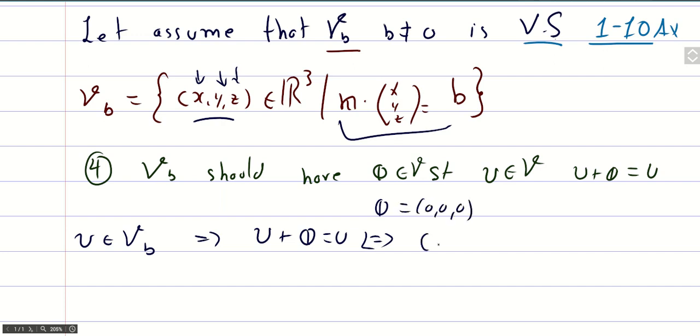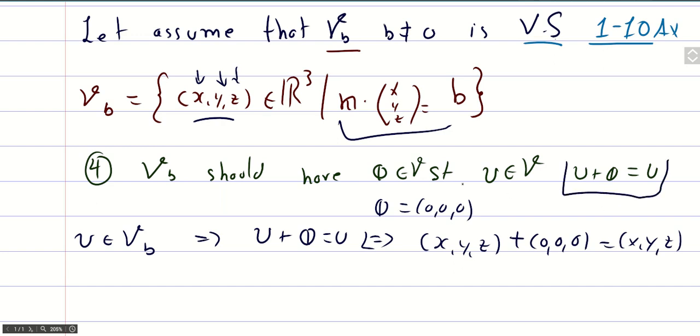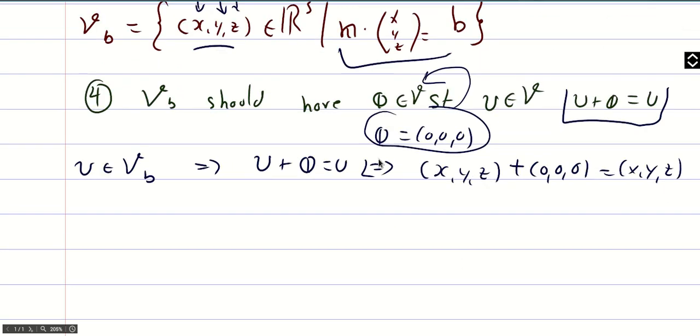That means x, y, z plus 0, 0, 0 is equal to x, y, z. So it satisfies this equation here. But is this vector an element of V of b? And that is a contradiction.